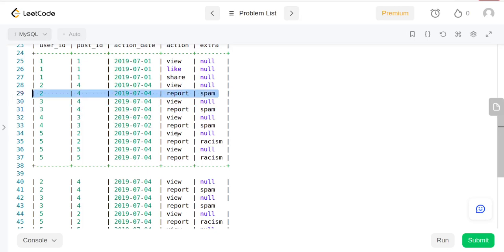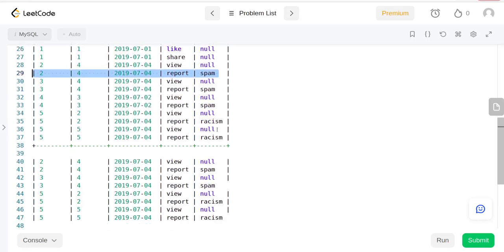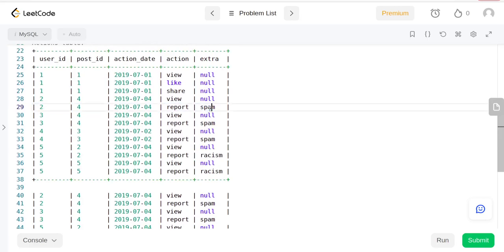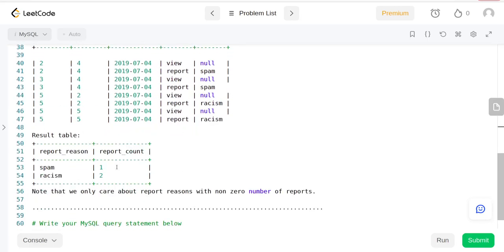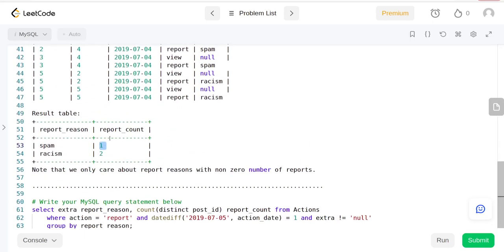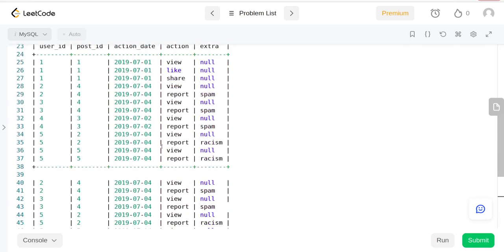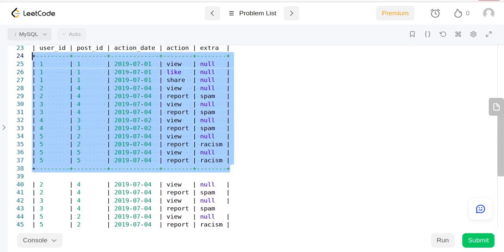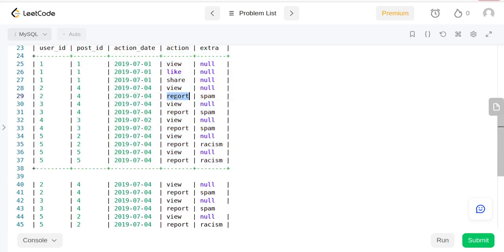I'm going to assume that this is a typo, either the spam is not right or the answer should be 2, because I can see that these are reports, and they're from yesterday, and we should count both of these.